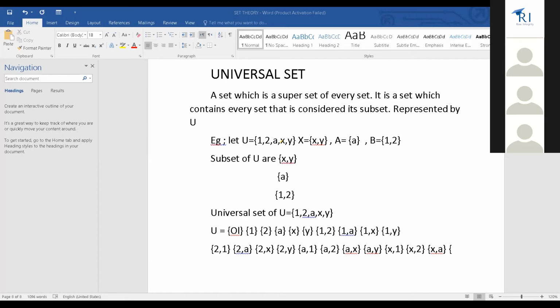I'm not sure. It is just represented by U. The universal set is only represented by capital U. Yeah, okay, no, you are right. Please go ahead.